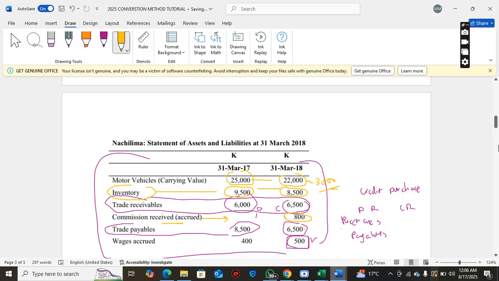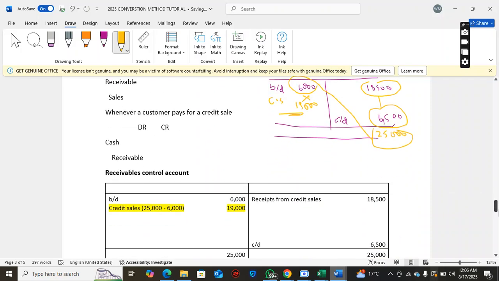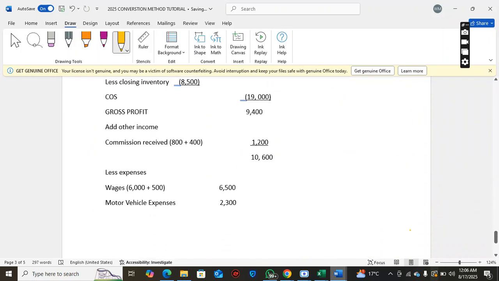The only funny thing is, incomplete records is about people who don't know accounts. So how would they know the value of their car today and the other day? Mr. Chimoni, how does someone who doesn't know accounts know the value of their car today and at the year end?